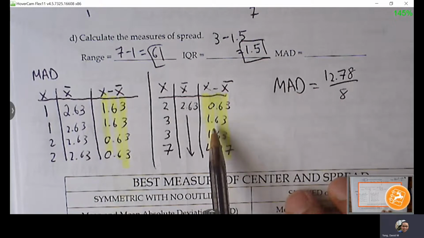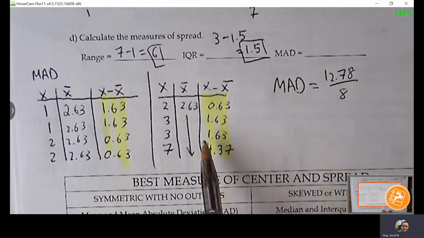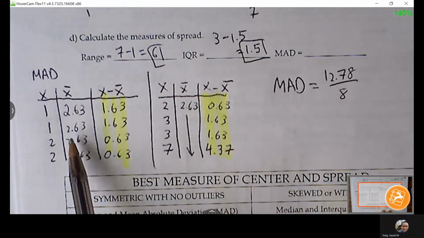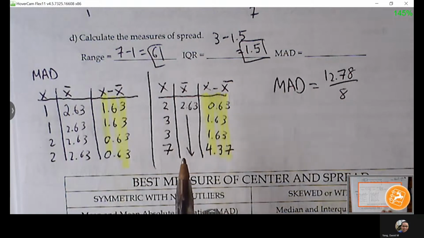Oh, I messed up here. 3 minus 2.6. My bad, 0.37.